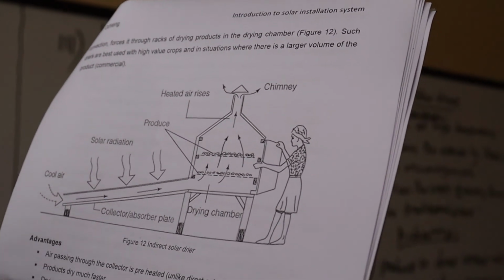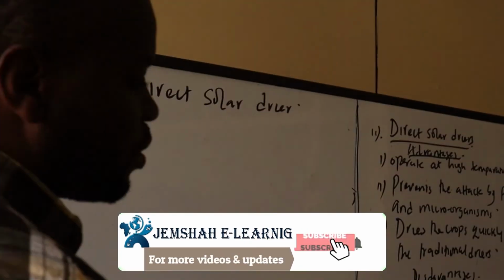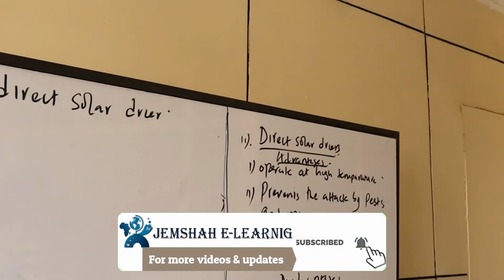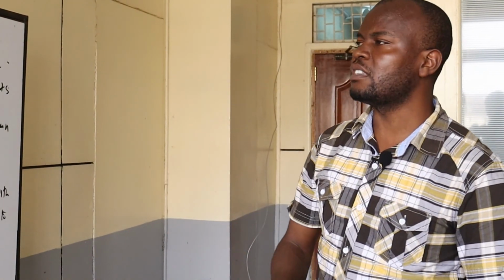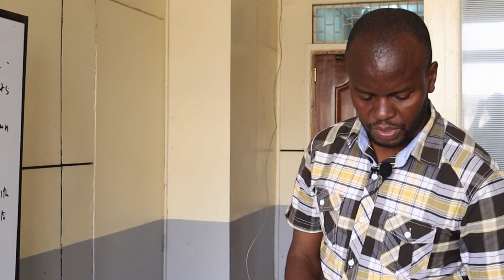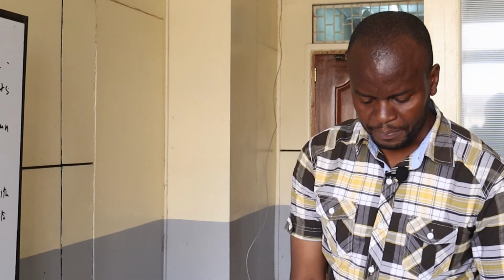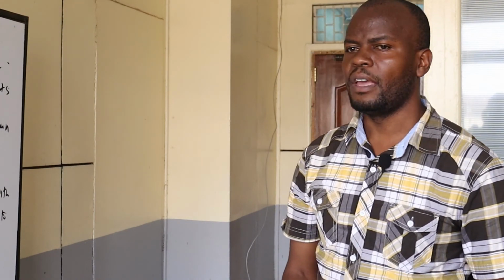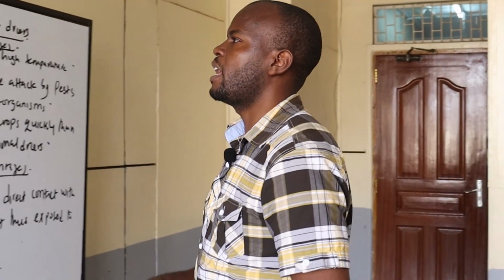So instead of exposing the produce directly to the sun, we heat the air, and it is the air that will remove the moisture content from the produce, and that makes it superior to the direct dryer, whereby the products were exposed to the sun directly. So what are some of the advantages of the indirect solar dryer?